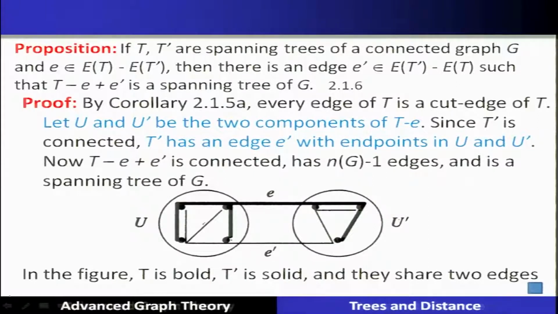So let us take an example before we go ahead with the proof. There are two trees, one shown in red, the other shown in green.